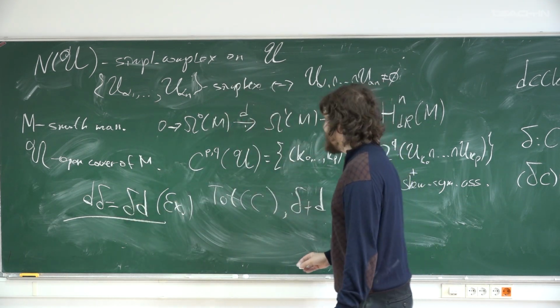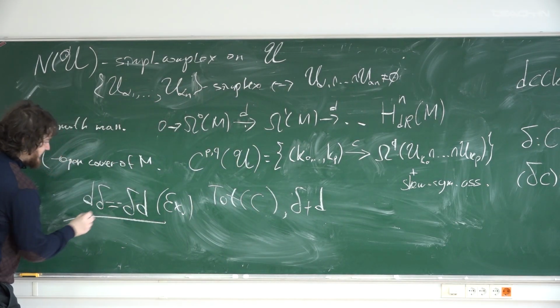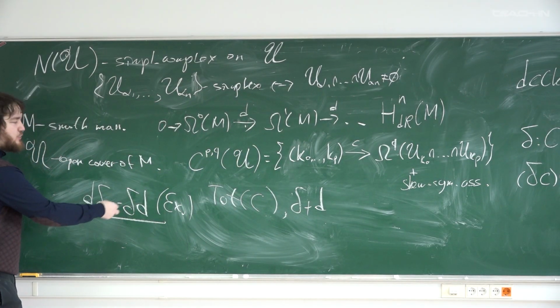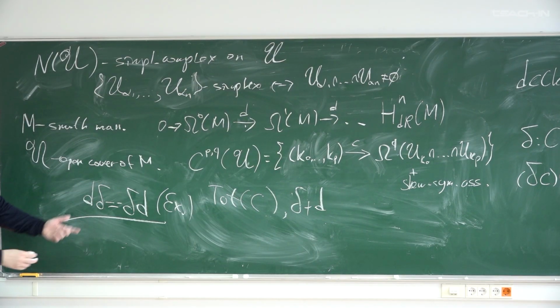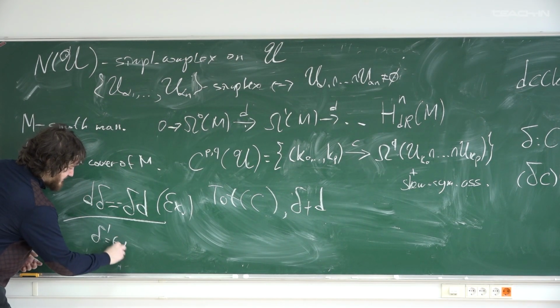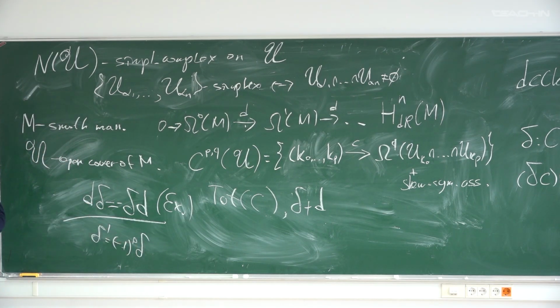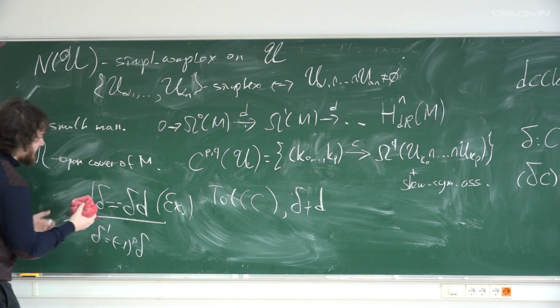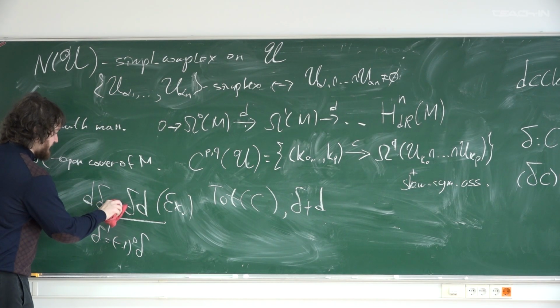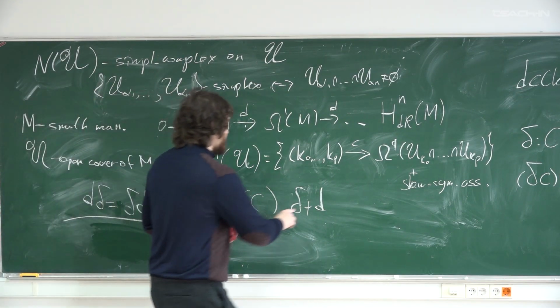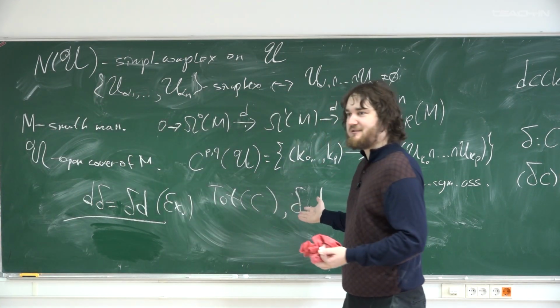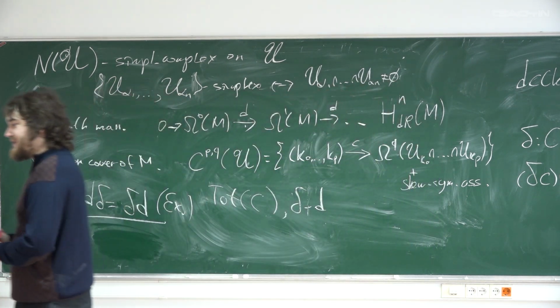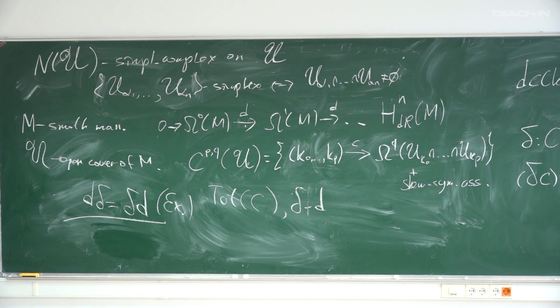If you consider plus here, you need something minus here, and you can redefine, for example, delta by some signs in odd p dimensions. I think it's not important. We can consider the total complex with minus, and this is a chain complex also. I just want to say that this sign is not important for us in considering the spectral sequence and so on.